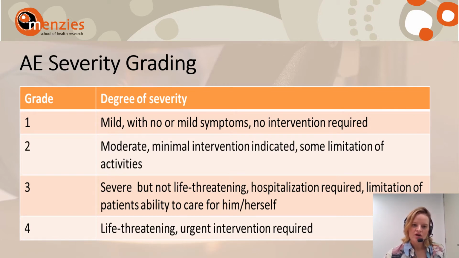Grade 2, moderate, minimal intervention required, and some limitation of activities. A Grade 3 AE is severe but not life-threatening, hospitalization required, limitation of a patient or participant's ability to care for him or herself. And a Grade 4 is life-threatening with urgent intervention required.